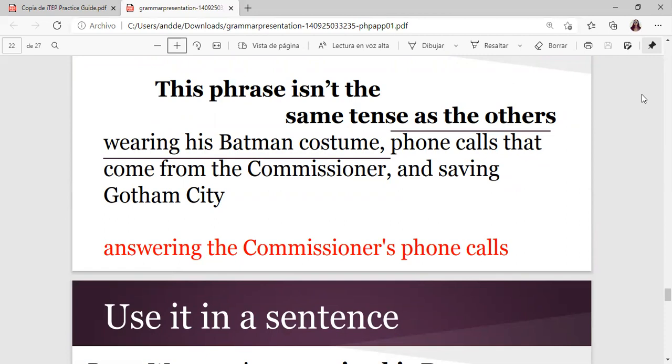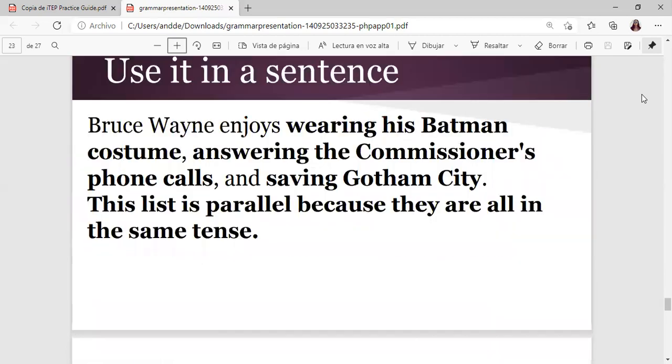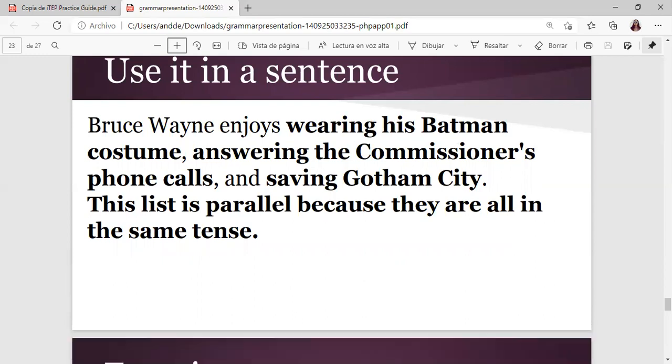Here is answering the commissioner's phone calls. And here we have it. Bruce Wayne, aquí ya estamos completando with the subject, enjoys wearing his Batman costume, comma, answering the commissioner's phone calls, very important the use of commas to separate, comma, and the conjunctions, and then the rest of the sentence, saving Gotham City.